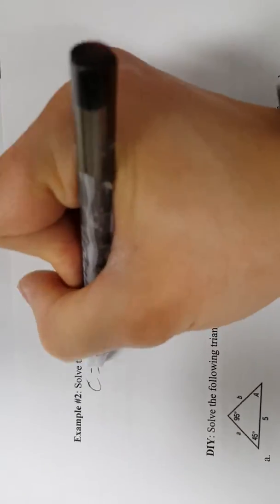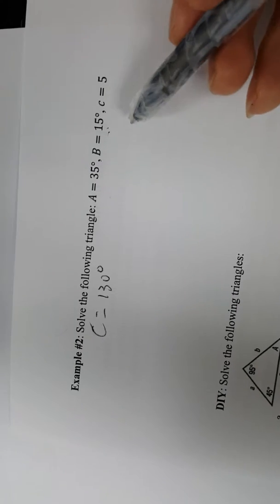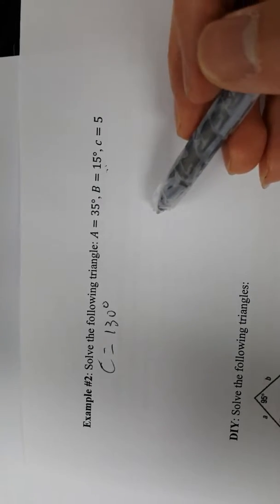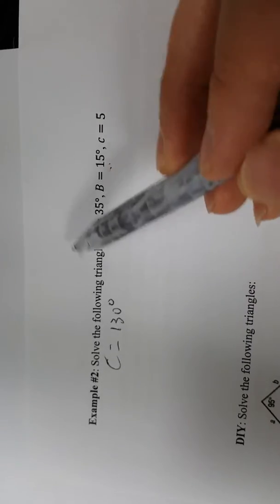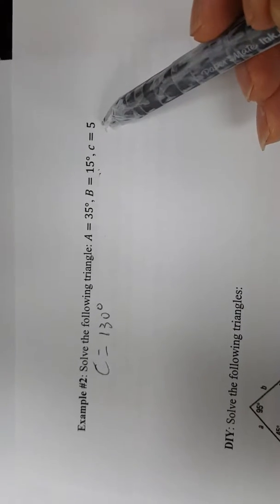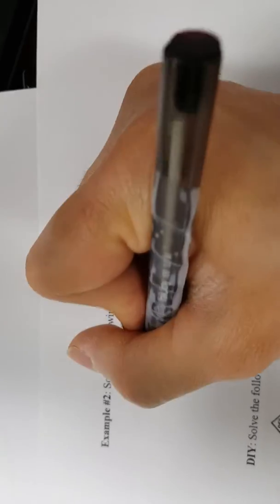So if I do the math here, C is equal to 130 degrees. 130 plus 35 plus 15 is 180. Now, since I get this angle, I know that the side across from it is 5. So I don't even need a picture. I could just go ahead and do the law of sines.